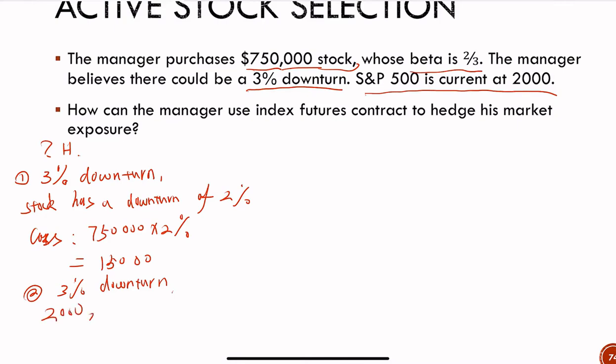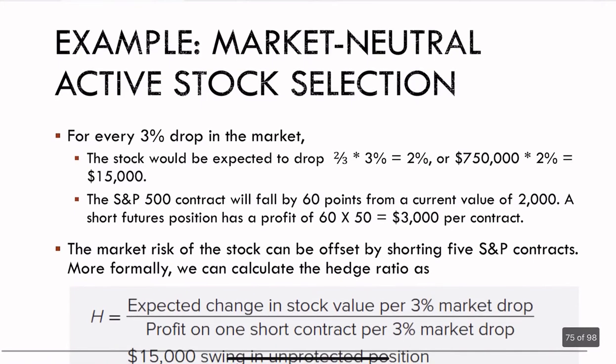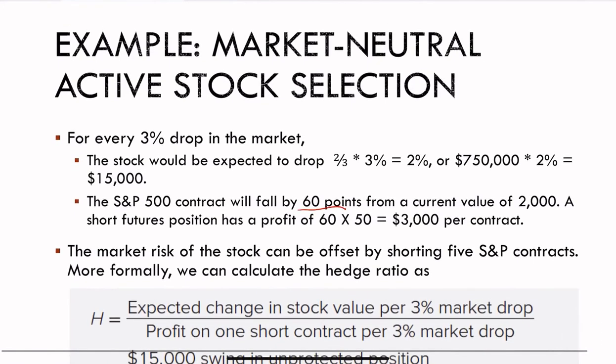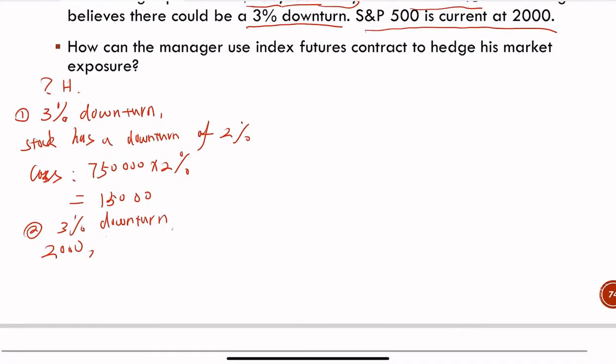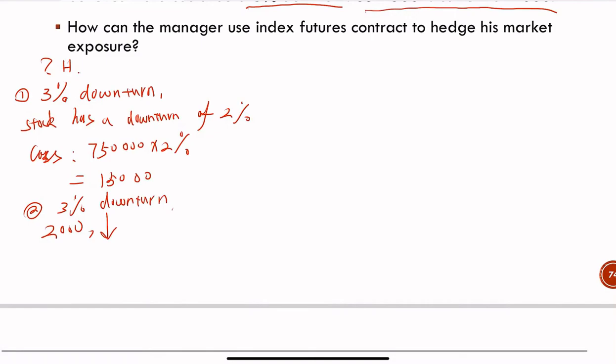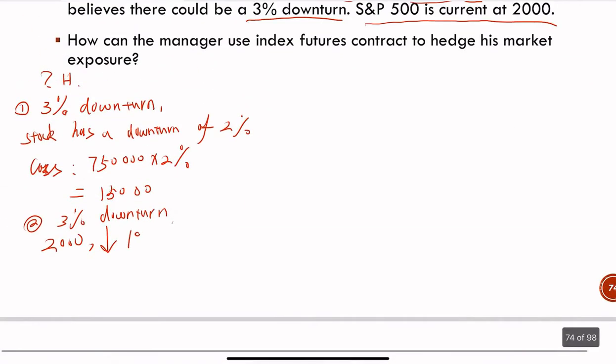So if there's a 3% downturn, what could be the index value here? Oh, 60. Okay, so if there's a 3% downturn, then the index value will drop from 2000 to 1940, I mean, will drop to 1960, right?